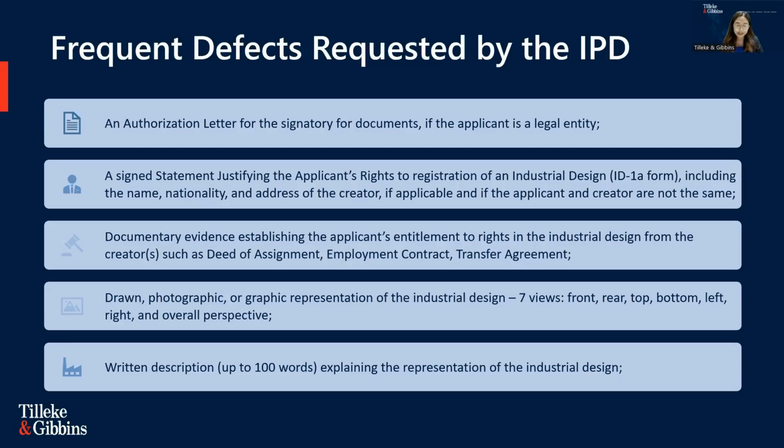The first one is an authorization letter when the applicant is a legal entity or a company. If a company applies for the registration of the industrial design, the authorization letter is required. That is to say, the letter must prove that the person signing the form has the right to sign the form on behalf of the applicant company.